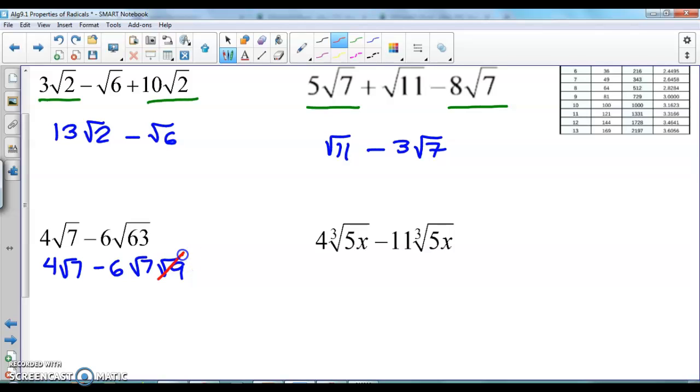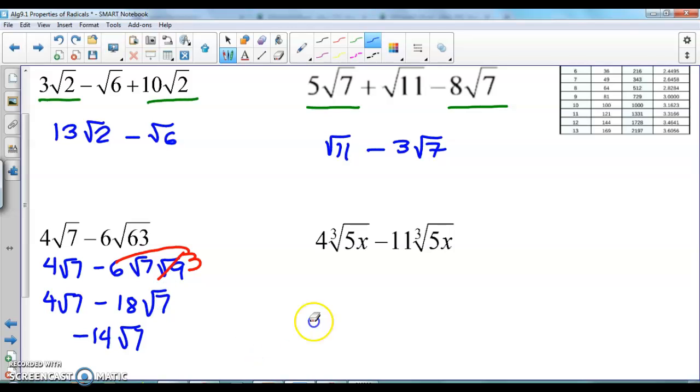That changes to a 3. But where does the 3 go? The 3 gets multiplied to the integer. So 4 radical 7 minus 6 times 3 is 18 radical 7. So now subtract the integers. 4 minus 18 is negative 14, and then you bring down the common radical once.